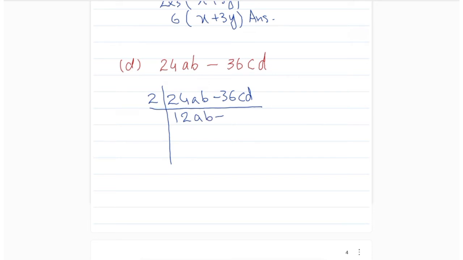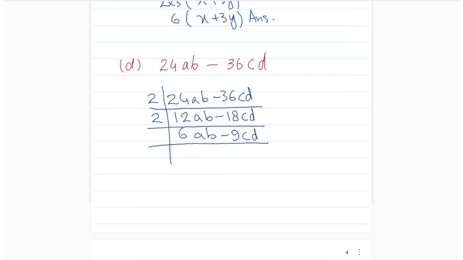Minus 2 18s are 36, cd. And still this is divisible by 2. Okay, we are dividing: 2 6s are 12, ab. Minus 2 9s are 18, cd. Again, we'll be looking: the first one is divisible by 2, but that's not the second one.